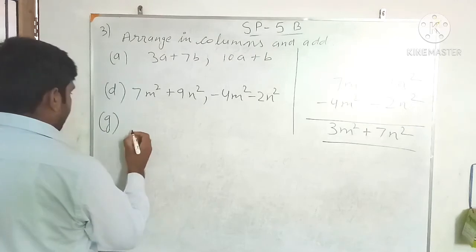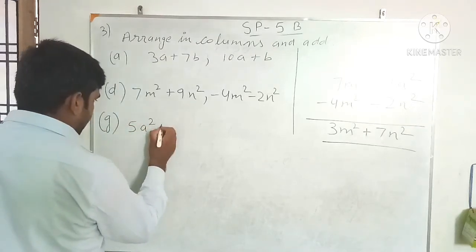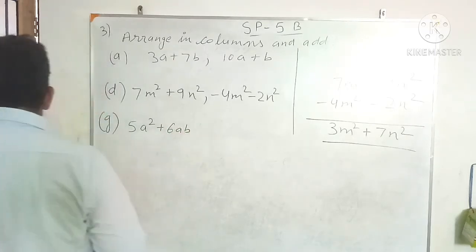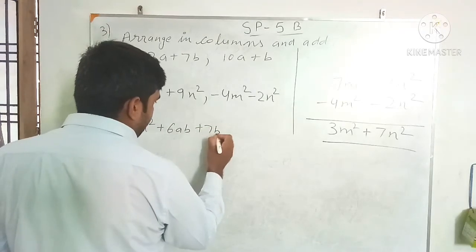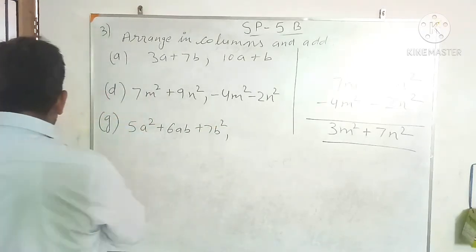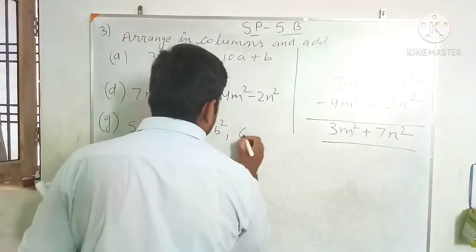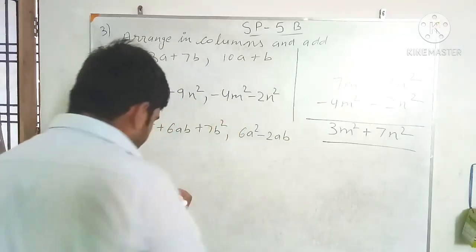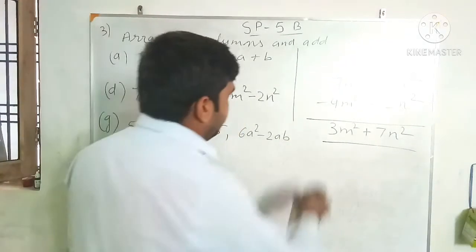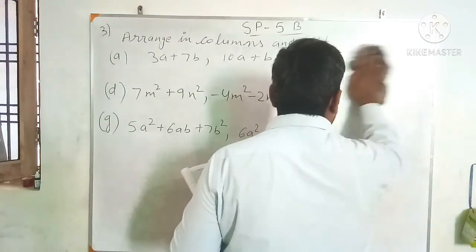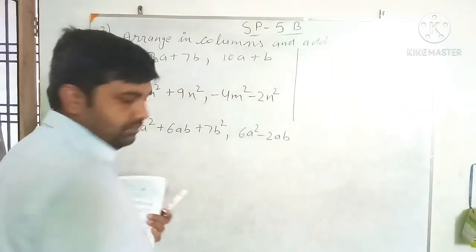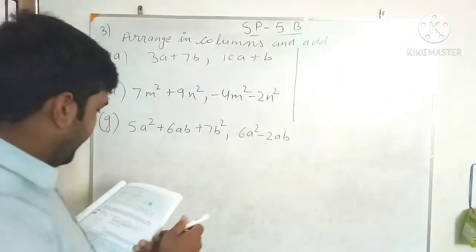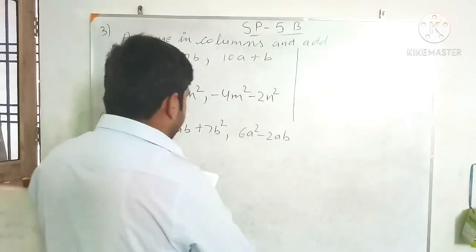Question G: 5a square plus 6ab plus 7b square is the first polynomial, and the second polynomial is 6a square minus 2ab plus 3b square.